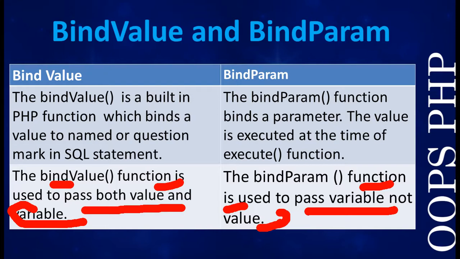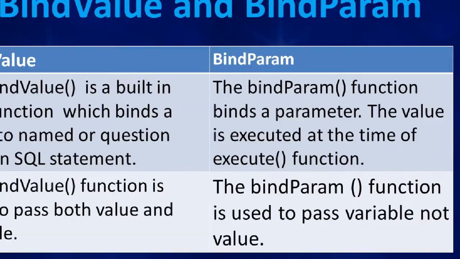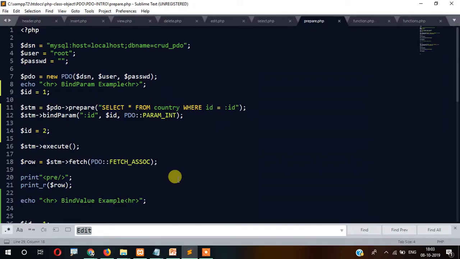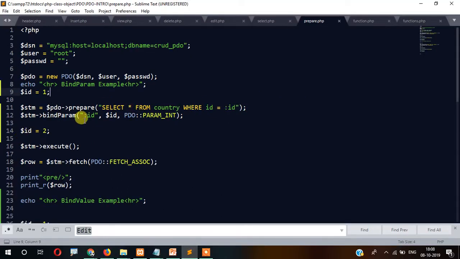So let's see the example so that you can understand it better. The value is evaluated at the time of the execute function. Now let's see the example here. In case of bind param, you can see we have passed here ID, and after this we have written ID 2.